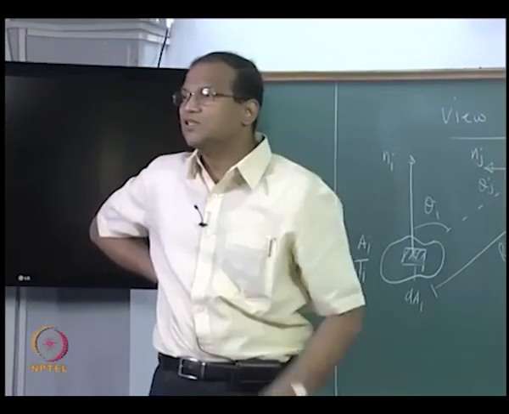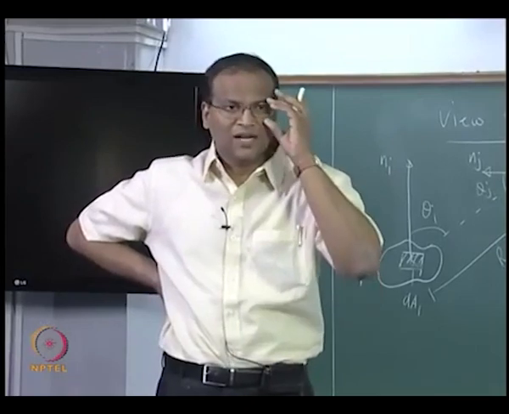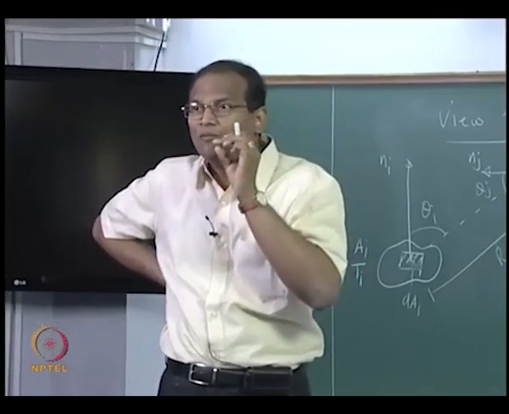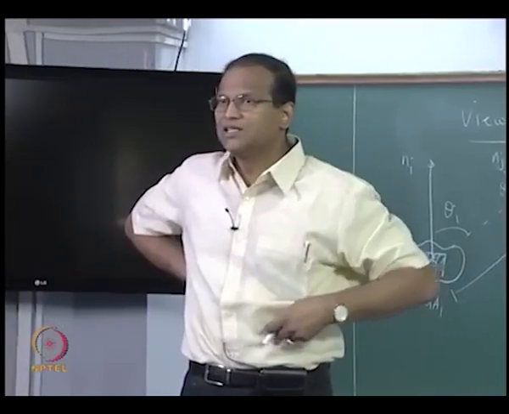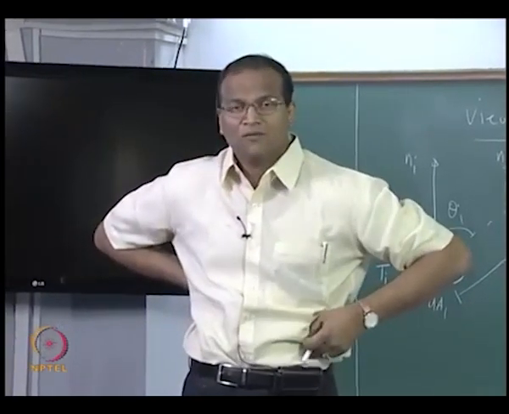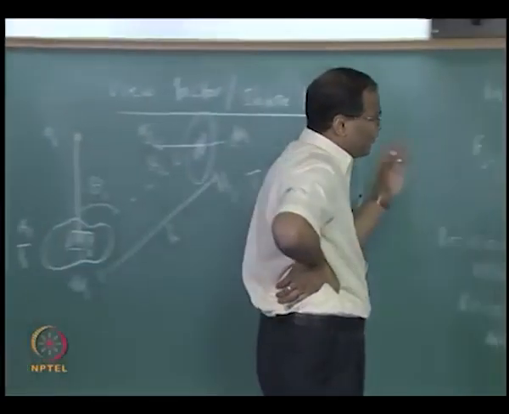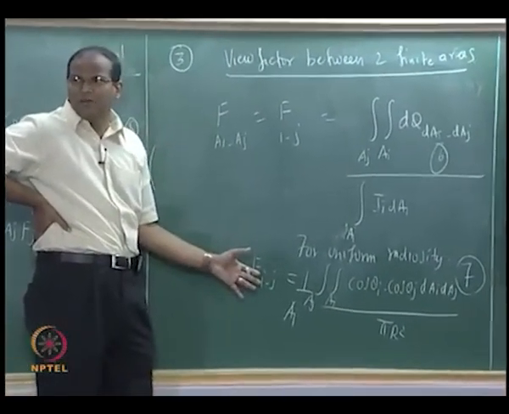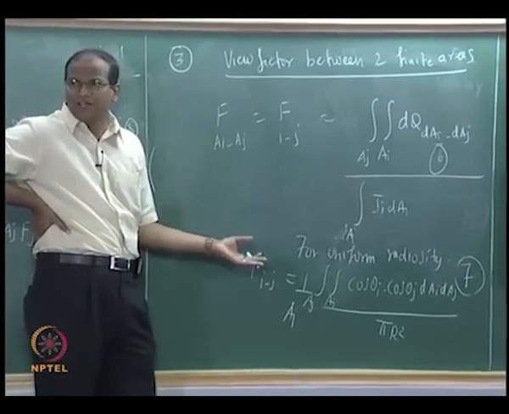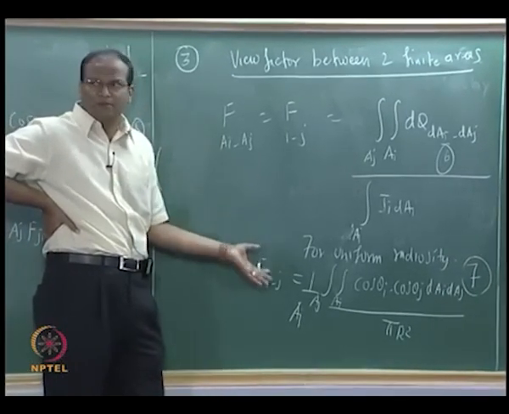So this whole subfield where we try to manipulate algebraically and get view factors with minimum recourse to the original formula which involves integration is called view factor algebra. So we will now get into view factor algebra. If you can write your program and you are computationally very rich, use this, get view factors between whatever surfaces you have and continue your problem.